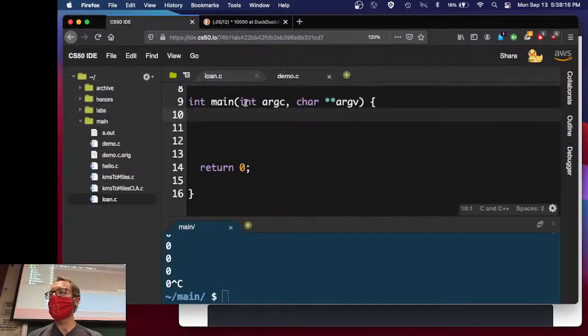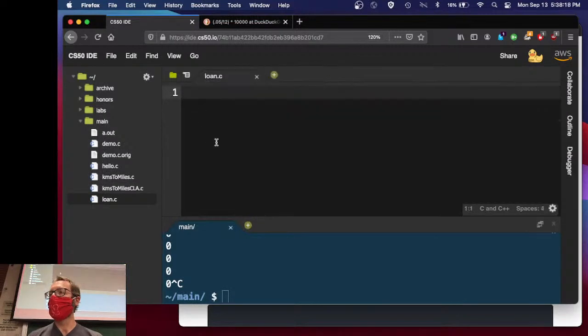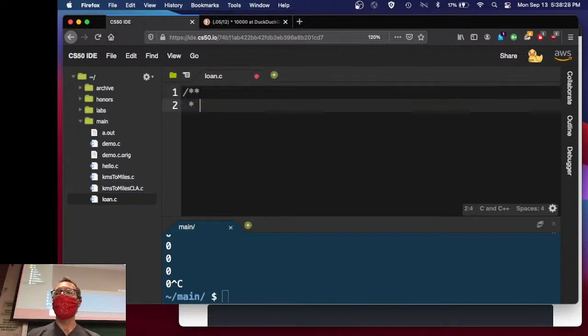Let me go ahead and get rid of the demo here. All right, I'm starting completely from scratch. What's the first thing I do when I write a program? The purpose, the author documentation, the author header, right? So I'm the author.